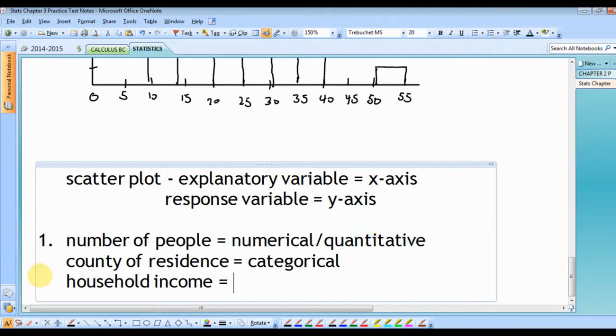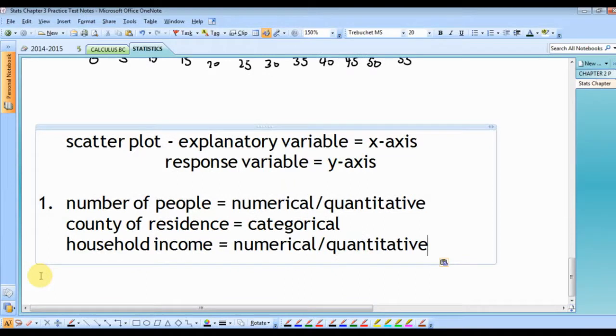Quantitative doesn't have to go on forever, it just has to be a number. Could it also be categorical if we're talking about low income, medium income, high income? Yeah, if you change the responses to be low, medium, high, then absolutely, you've turned a numerical value into a categorical value. That's actually a good trick.